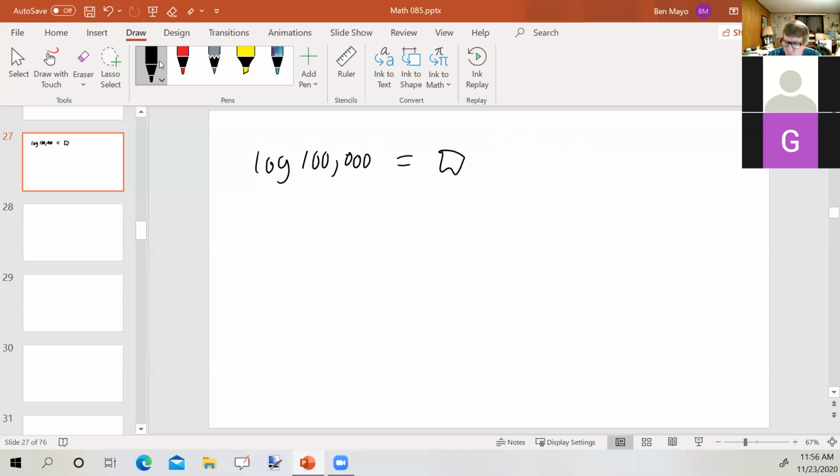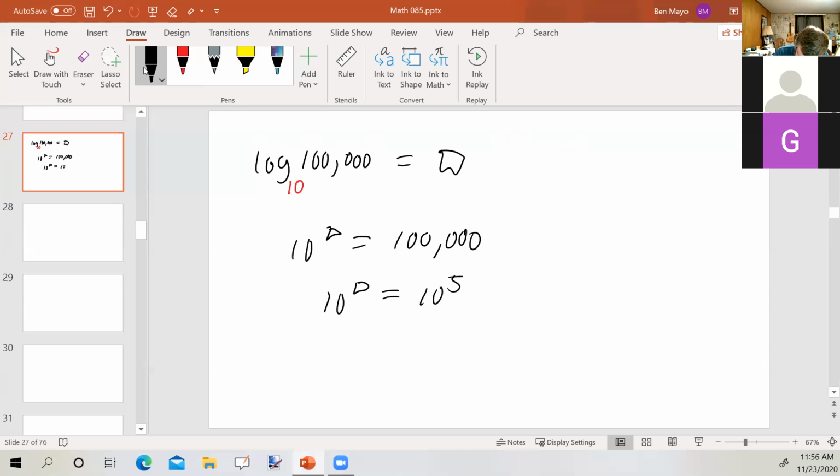What's missing, what's there but isn't written? What's the base? 100,000. No, the base. It's 10. Oh, that's right, because it's automatically 10. Right, automatically. So that means 10 to the box equals 100,000.